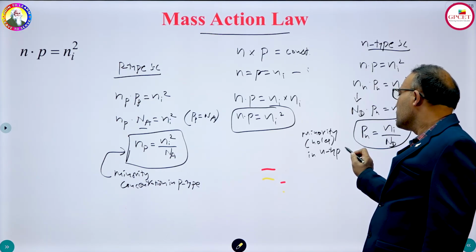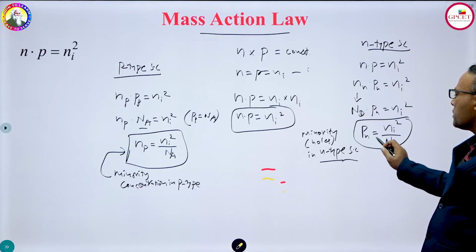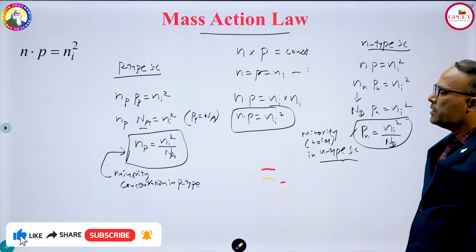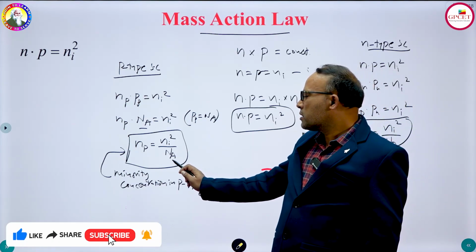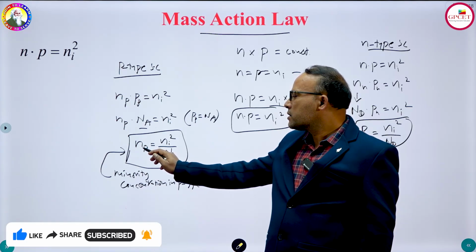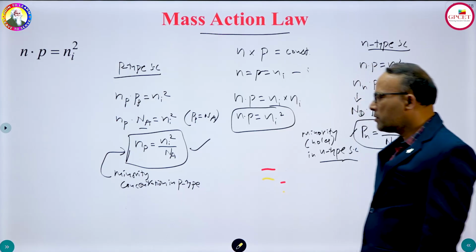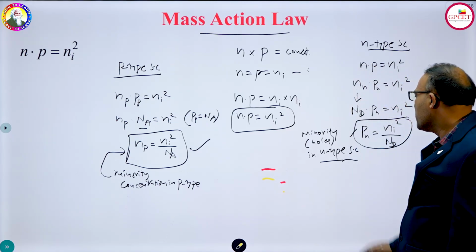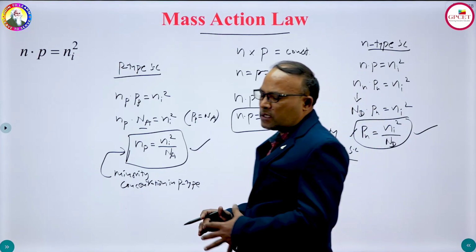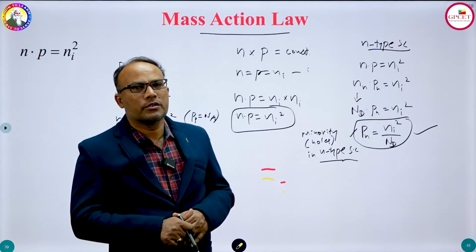If I know the donor concentration, I can calculate the minority carrier concentration in n-type, and if I know the acceptor concentration, I can calculate the minority electron concentration in p-type, using Np equal to ni square by Na and Pn equal to ni square by Nd. This is what is called mass action law. Thank you so much.